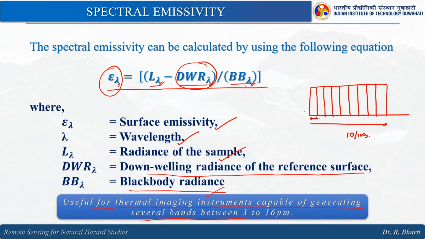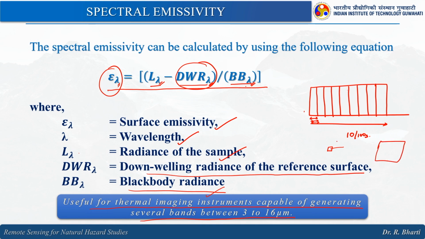Since we are talking about the thermal wavelength range, the energy will be low, so this bandwidth is not sufficient to generate a smaller pixel. So, we have to either increase the wavelength range or increase the pixel size.